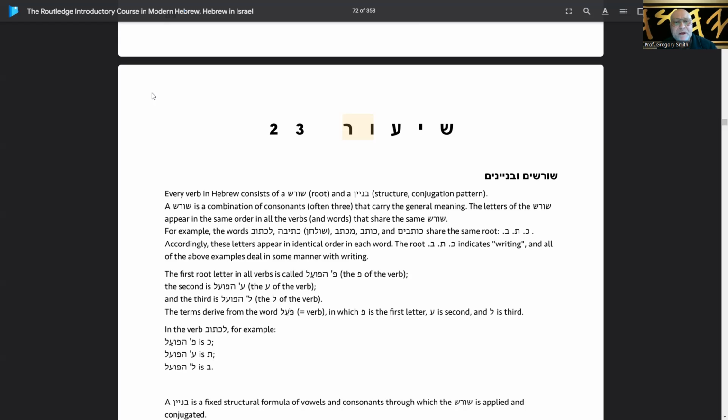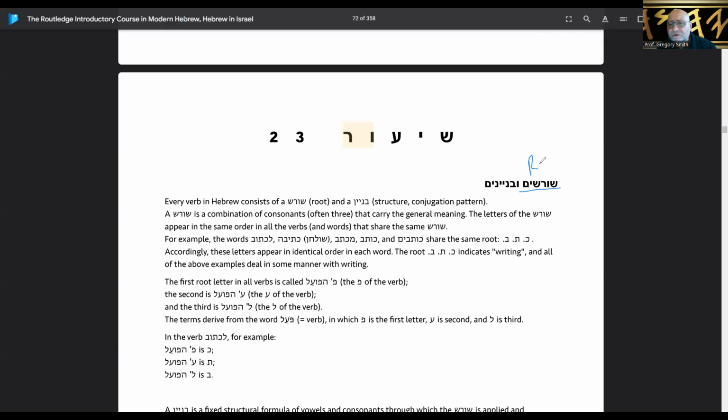Okay, so here we have Shoreshim. This is like roots. Shoresh, Shoreshim. Ubinyanim. It's almost like binyan, it's almost like a building. It's like root structures.